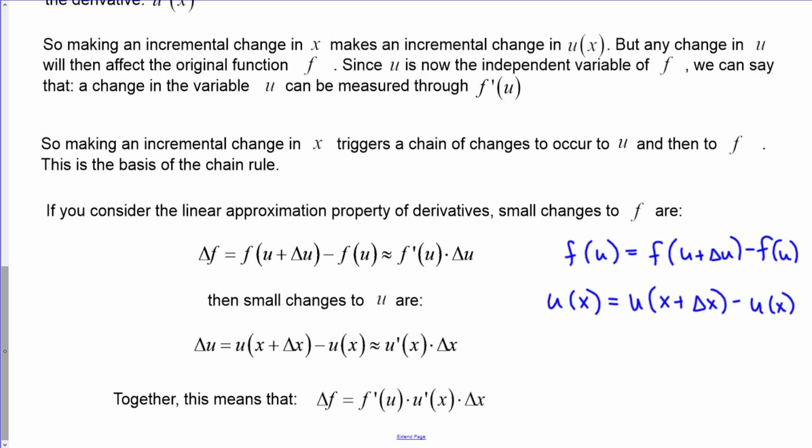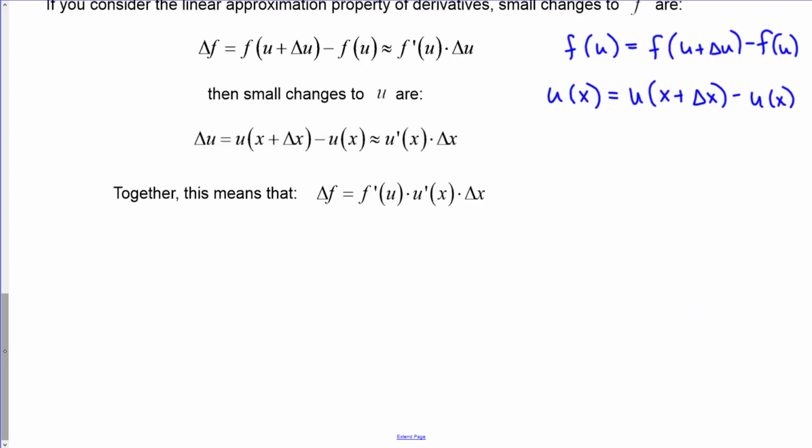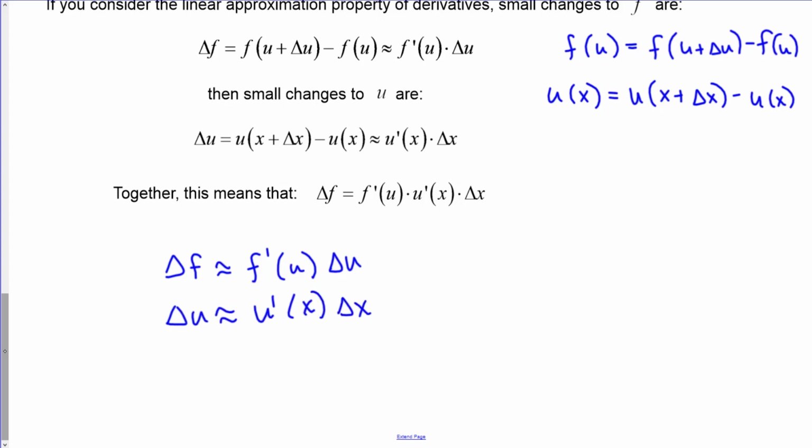And where I'm getting that is, if delta f can be approximated with f prime of u times delta u, and delta u can be approximated with u prime of x times delta x, then all I'm doing is taking delta u, which is this, replacing it in for this one.